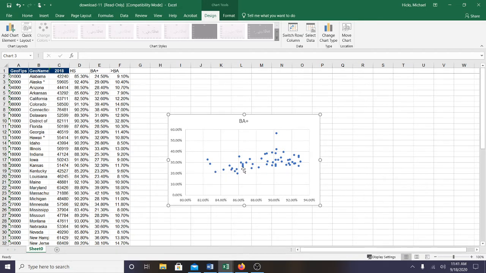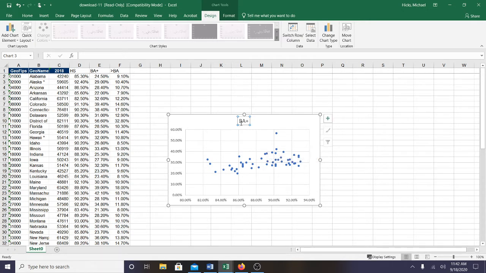And as the values of one go up, they're more likely to be associated with higher values of the other, right? And as the values get really high out here, they tend to get higher over here, right? So this is the folks who've been to college. Makes sense. Those are lower, or graduate from college, those are lower numbers, and these are higher numbers. So states that have a high share of people graduating from high school have, on average, a higher level of people who have graduated from college.